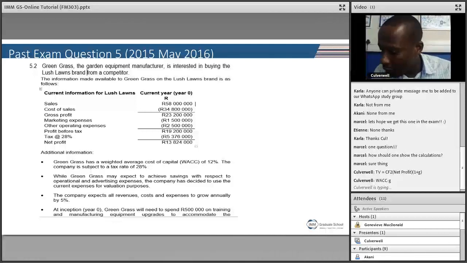So we end up calculating this terminal value as TV being equal to my last cash flow. I'm just going to type this. It was 15,240,960. Open bracket, 1 plus my G, which was 0.05.